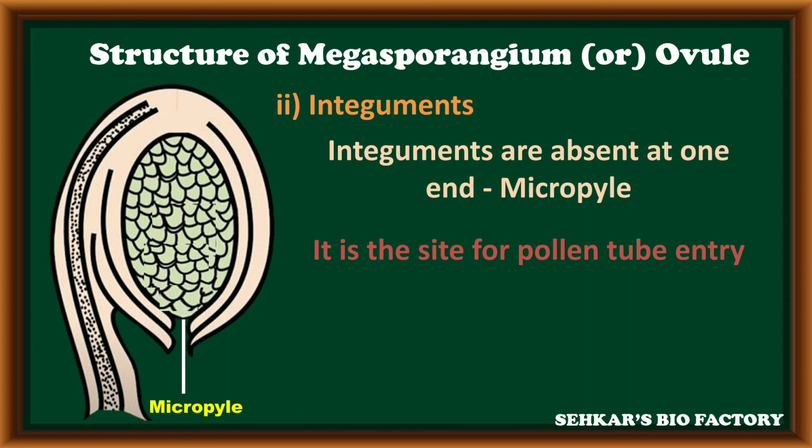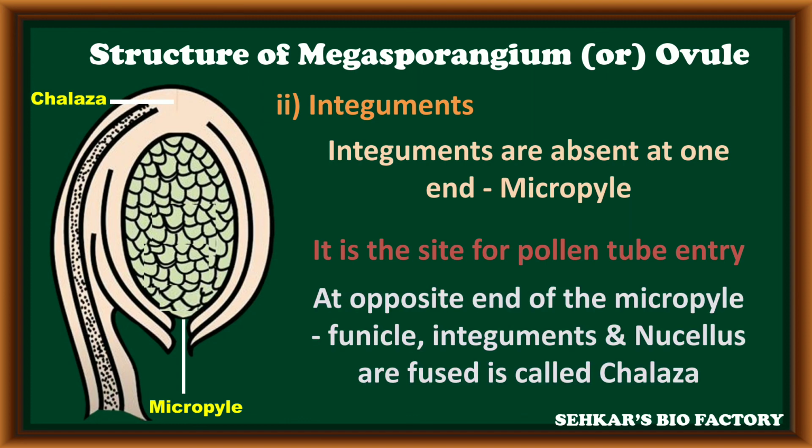This micropyle is the site for pollen tube entry during pollination. At the opposite end of this micropyle, the funicle, integuments and nucellus tissue are fused. It is called chalaza.